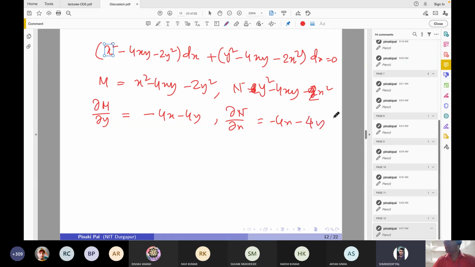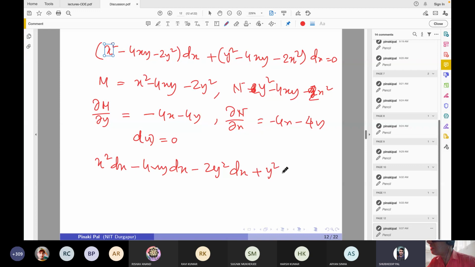Therefore this gives me the confidence that we must be able to write the equation in the form du equal to 0, where u is some function of x and y. Let us have a look at it. The terms are: x square dx minus 4xy dx minus 2y square dx plus y square dy minus 4xy dy minus 2x square dy.